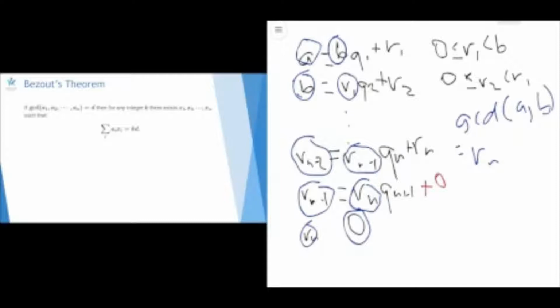So let's say we want to show that there's x1 and x2 such that A x1 plus B x2 equals the GCD.